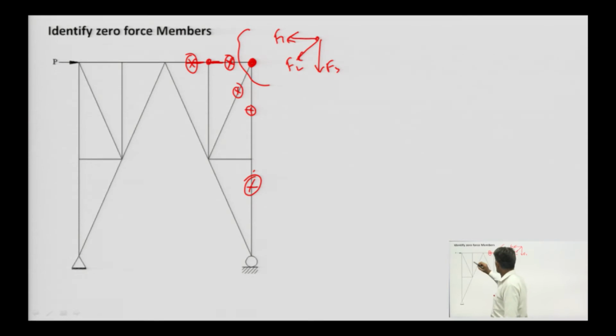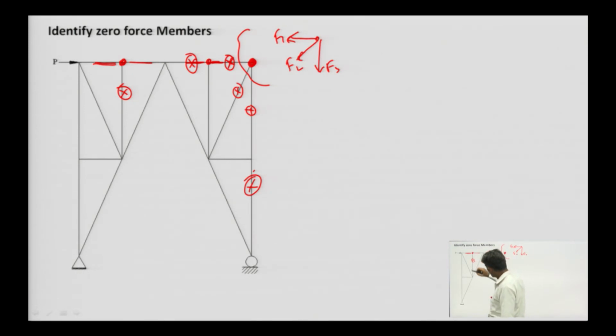Look here, at this joint two members meeting at this joint are collinear, therefore, that member will not have any force.